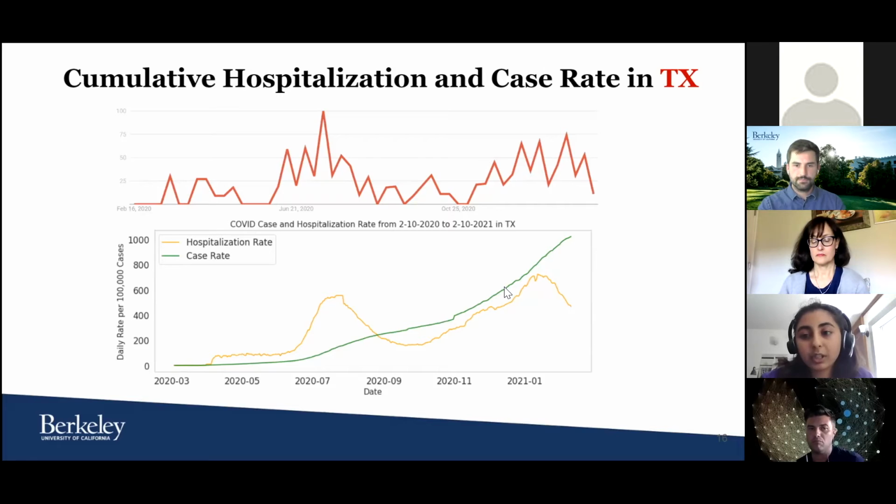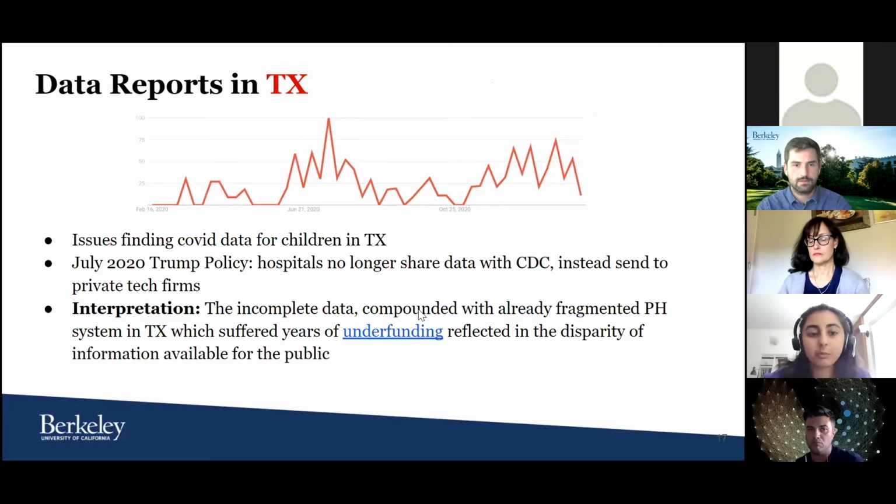But as we were looking for more data regarding children, we found that there was a huge issue, and we couldn't actually find any information regarding hospitalizations for children and babies. There was a huge gap in our data, so we couldn't make that comparison.